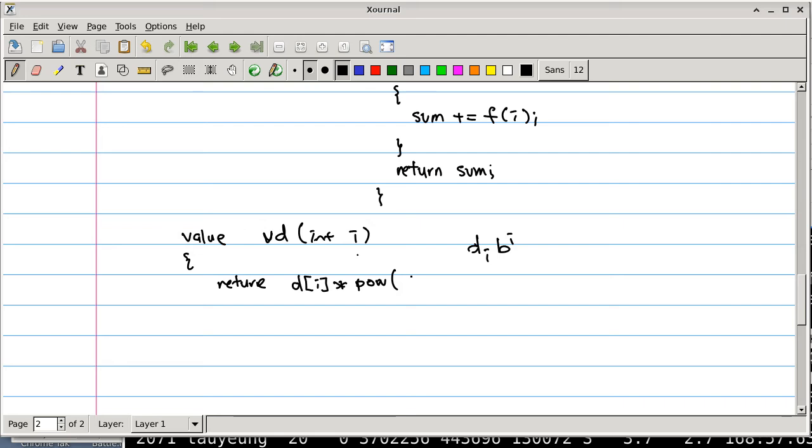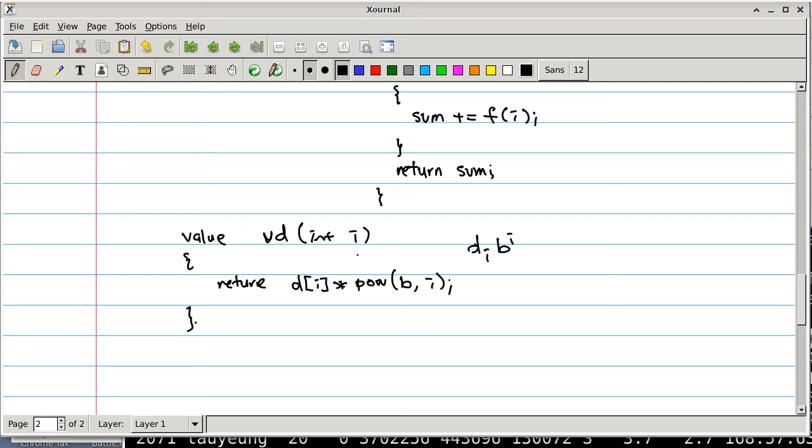I cannot remember the name of the power function, but you have base b raised to the power of I. Is that okay? So yes, this is bad programming practice because in this case, the only way for d and b to get into the function is they have to be global variables. There's no other way to get these. But just assuming that d and b are both global, are we okay with VD as a function?